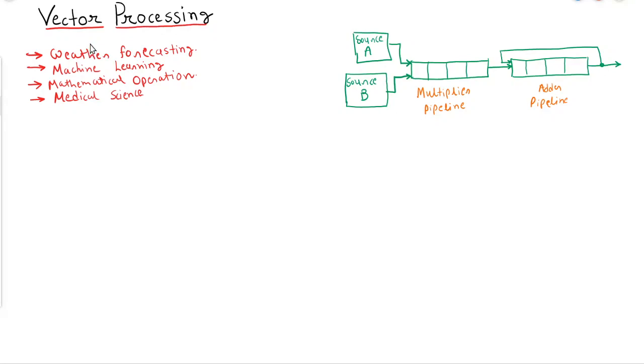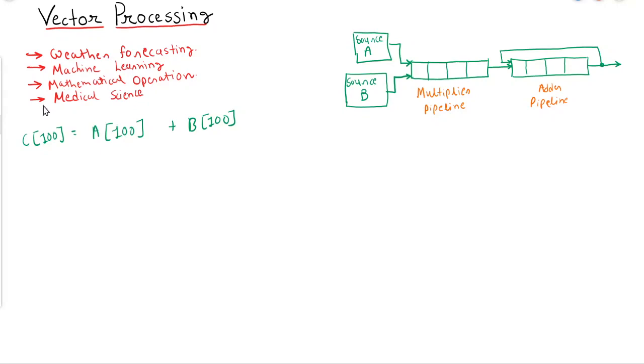In vector processing, we will have multiple data, and the same instruction will be applied on different data. For example, we want to perform the addition of two arrays. Let's say we have an array A of 100 and another array B of 100, and we want to store that result into C of 100.